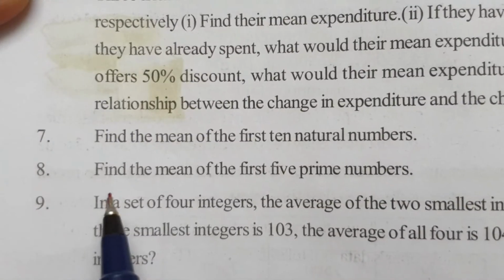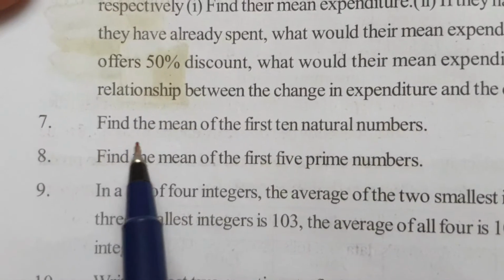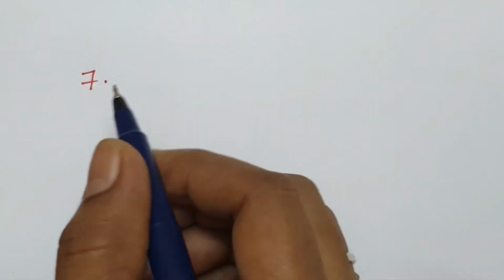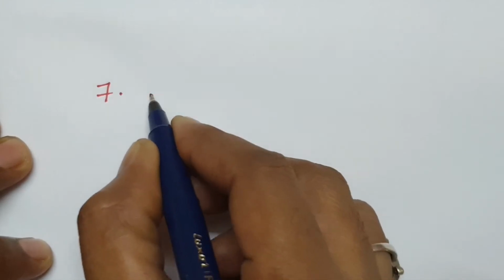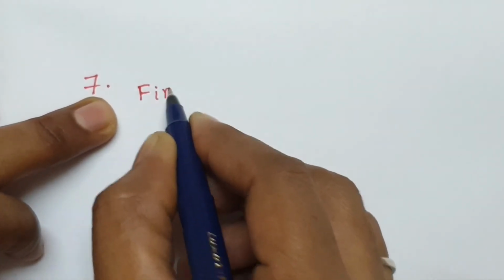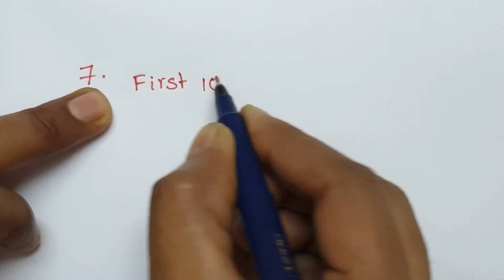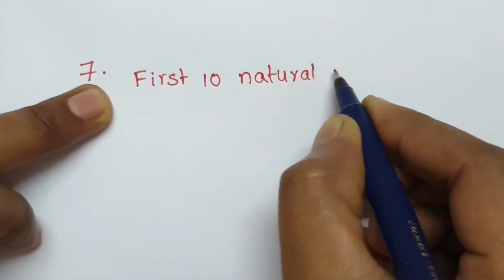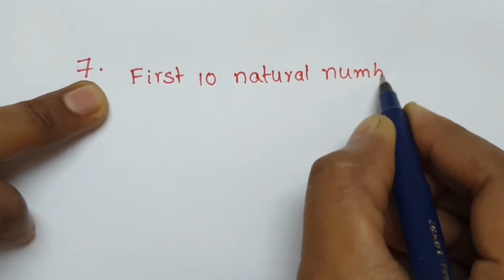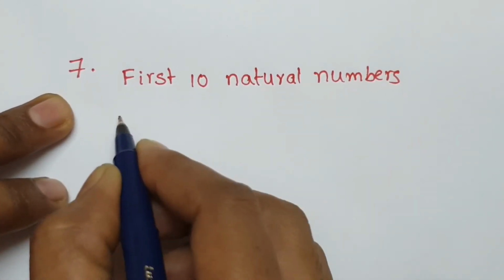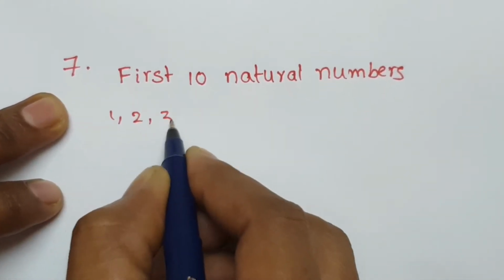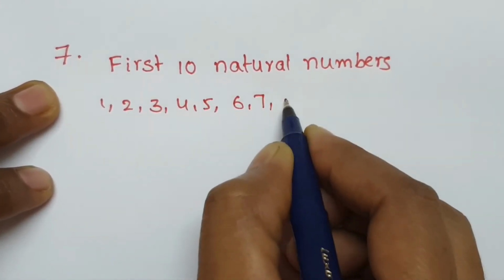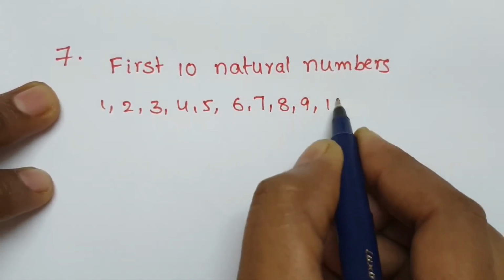Seventh question. Find the mean of the first 10 natural numbers. What are the first 10 natural numbers? 1, 2, 3, 4, 5, 6, 7, 8, 9, 10.